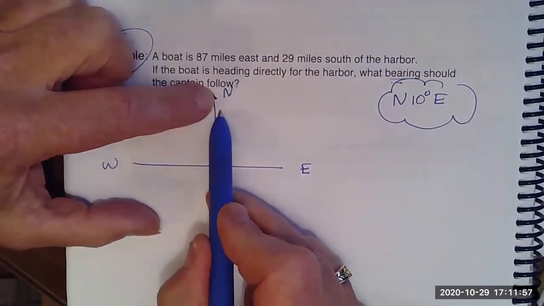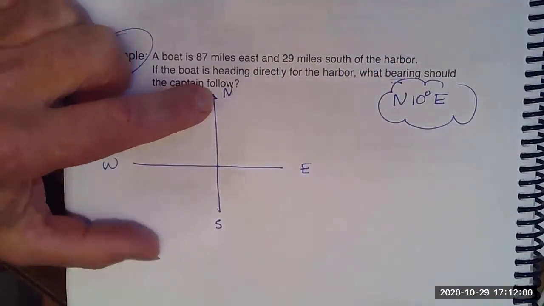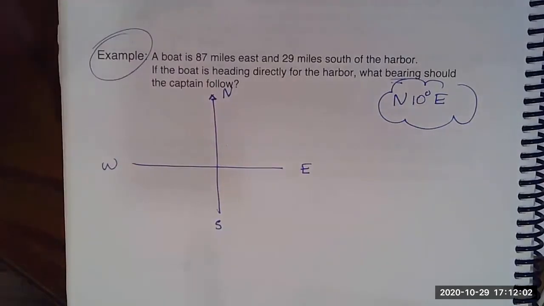So the 10 degrees is up here, not down there. There's always a handful of students that put their angle in the wrong place. I understand, because you're always thinking it's got to be tied to the positive x-axis. Bearings is different. It's the only time that you're not tying your angle to the x-axis, the only time.